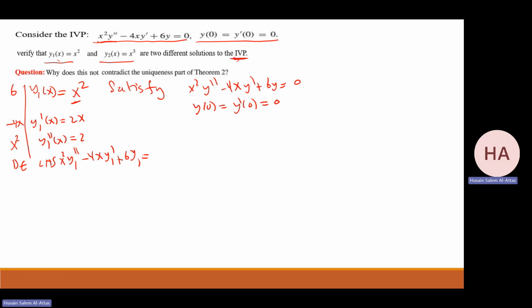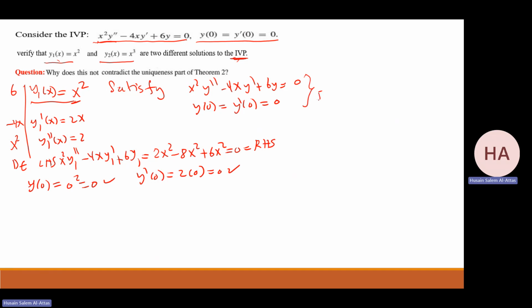That gives me 2x squared minus 8x squared plus 6x squared, which is clearly 0, which is the right-hand side. Also, y at 0 will be 0 squared, which is 0. And y prime at 0 will be 2 times 0, which is 0. So this one satisfies both the equation and the initial value problem.